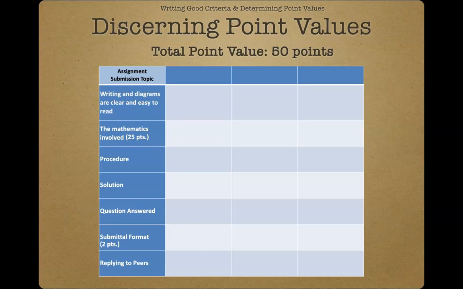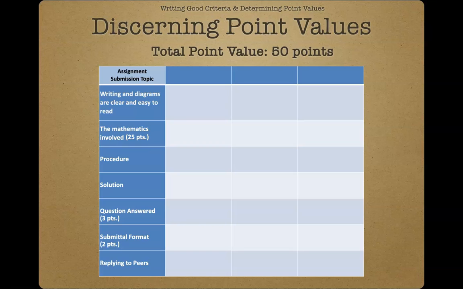Along with that, I chose another one, partly because of the way the rest of the points balance out, but I chose another one that was kind of close to that. Even though this one's important, trust me, it is in math, I chose it to be the next least number of points. The question being answered there is what they submit, that they actually say the number of rungs on the ladder is, or the distance from point A to point B is so many feet, whatever the answer to the question is.